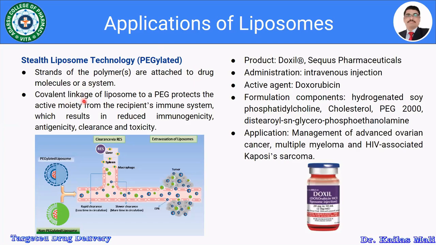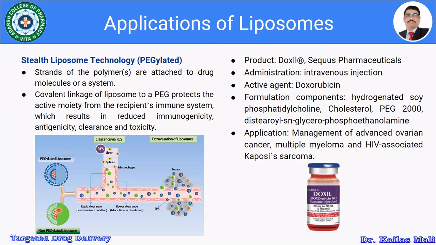There is a covalent linkage of the liposome to a PEG, which protects the active moiety from the recipient's immune system, which results in reduced immunogenicity, antigenicity, clearance, and toxicity. Look at the figure.